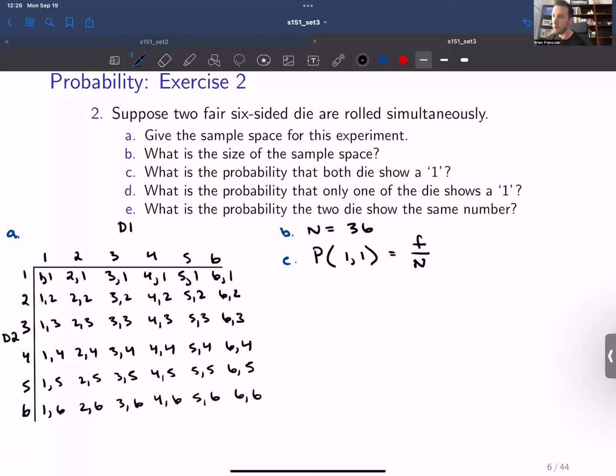Little f counts all the ways that you can observe 1 on the first die and 1 on the second die. When we look at our table, we can see that there's only one way that this can occur. So this becomes 1 over 36, which as a decimal is equal to 0.027 repeating.